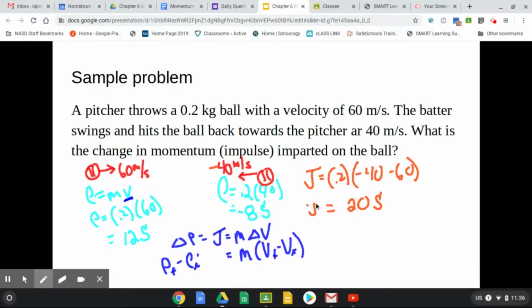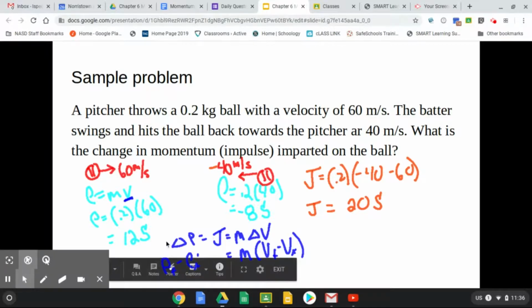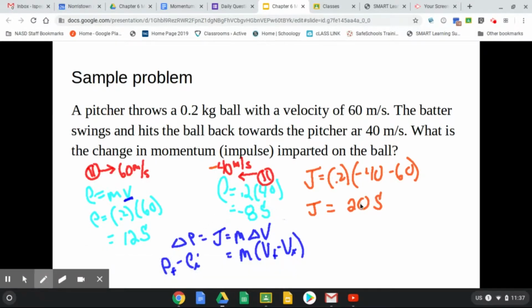So the impulse imparted is 20 kilogram meters per second, not 4, not just 12 minus 8 for a change of 4, but negative 8 minus 12 for a change of 20. Technically, I guess I ought to make that a negative, right? Okay, let's make that a negative.